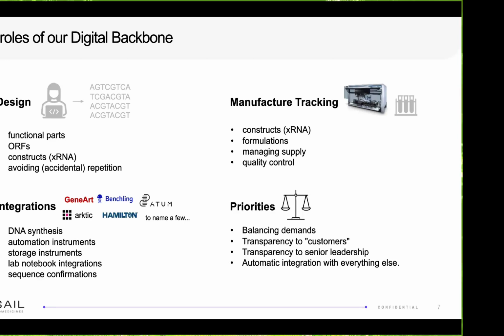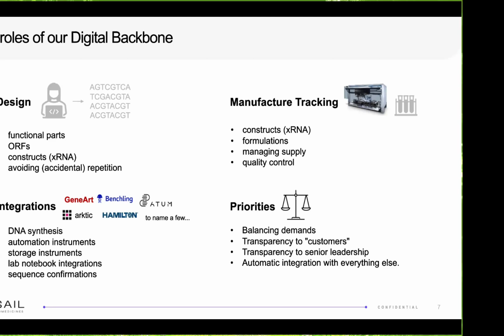Last and most recently, we're also starting to manage priorities. This is a bit of a fuzzier domain. We help create a system for balancing the different demands, both from the users and the people actually producing the material.